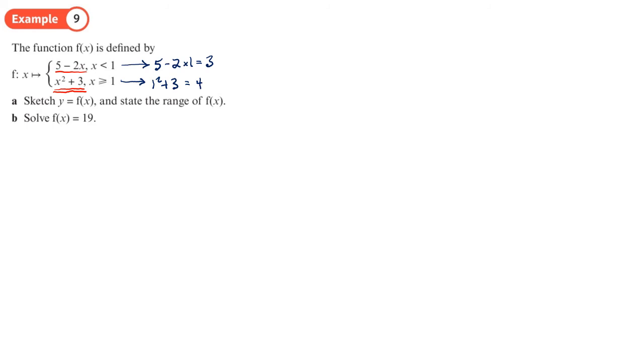So let's sketch what that looks like. This is part A. The first one, 5 minus 2x, if you think of it as minus 2x plus 5, is a linear straight line graph that's crossing the axis at 5.